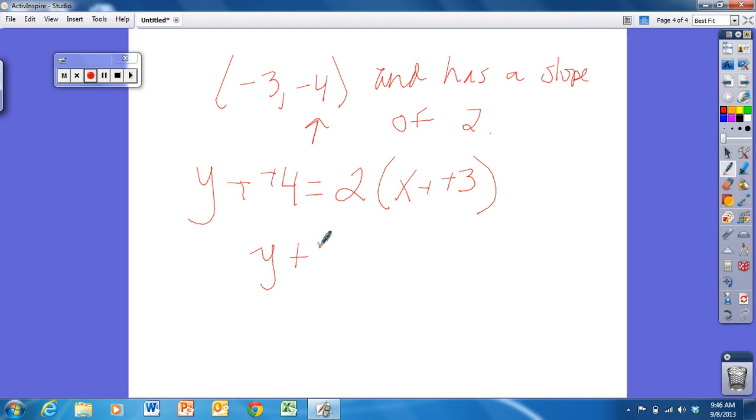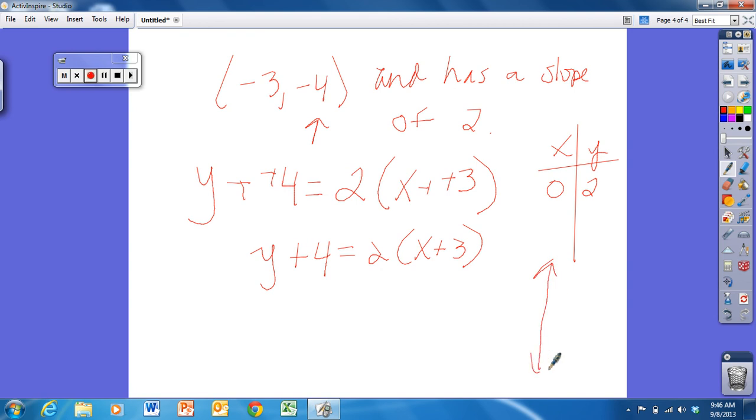Y plus 4 equals 2 times x plus 3. So you're probably thinking, how would I ever graph this? Well, there's lots of ways you could graph it. You could make a table of values and pick numbers and say if x is 0, then this is 0 plus 3, which is 3, times 2 is 6, subtract 4, 2, and plot all those points.